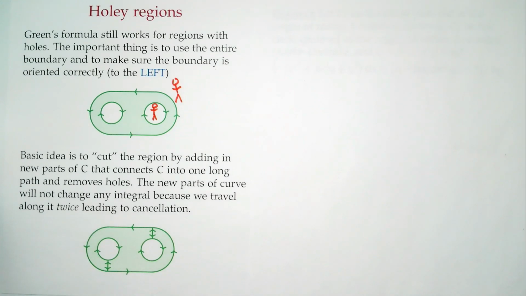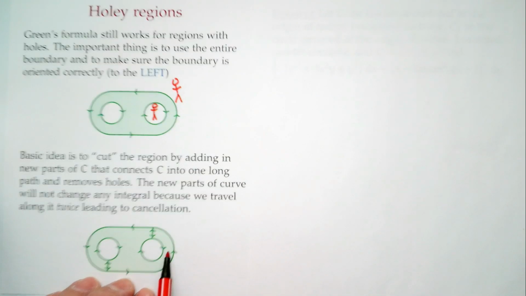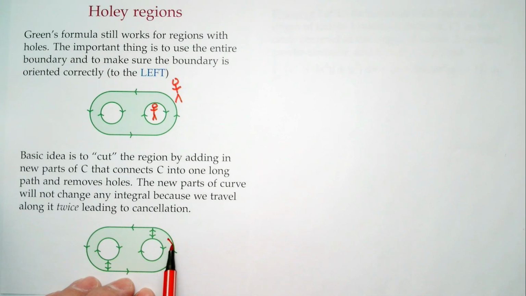Now, what have we done? Well, what we've done is we've essentially said, now there's not any holes left. Because we're going to move along our region, so we'll just follow the curve. And we move along, and when we reach the cut, we'll move down, and we'll keep traversing to the left, and then we'll move back up, and we'll keep going along. So now it's just one continuous curve.